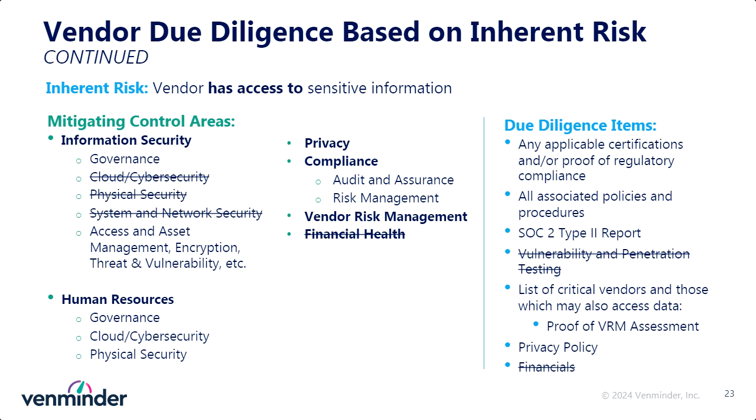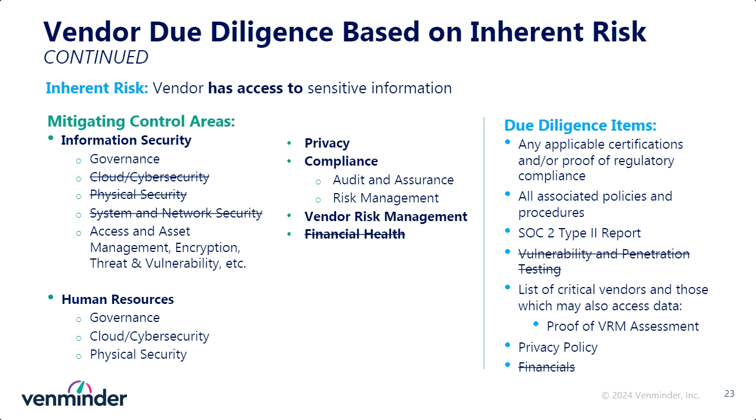This next inherent risk is slightly different. Rather than a vendor that is storing your sensitive information, this one only has access to it, maybe because their system integrates with yours or the vendor needs to log into your system to perform a certain function. For this type of risk, some of the control areas are similar, but others might not be relevant to the vendor's service.